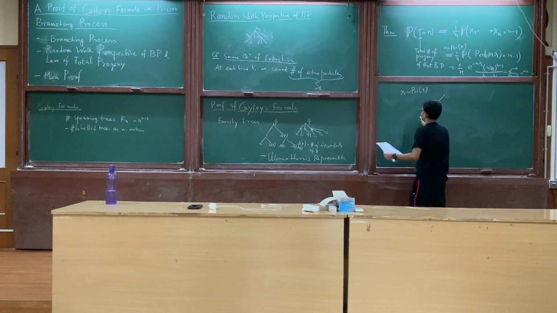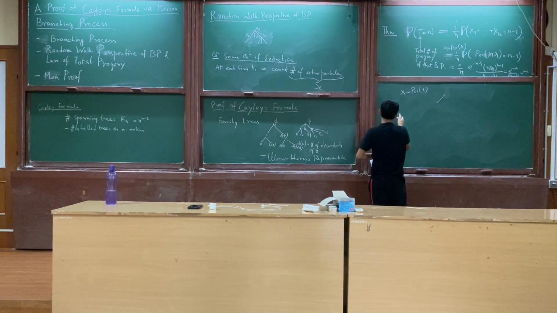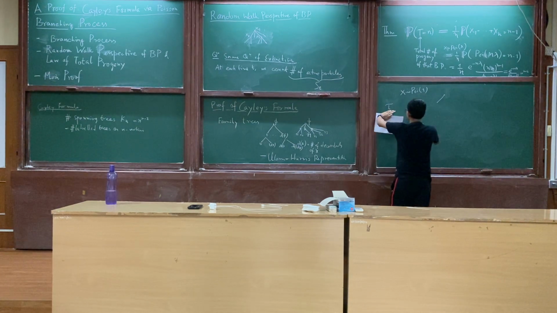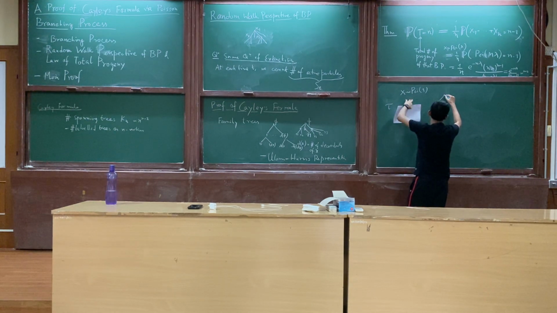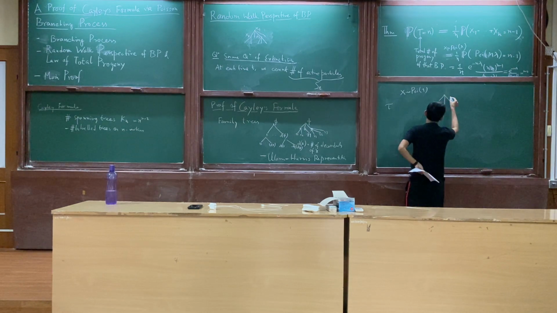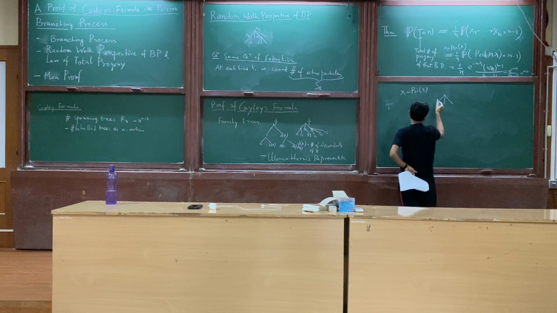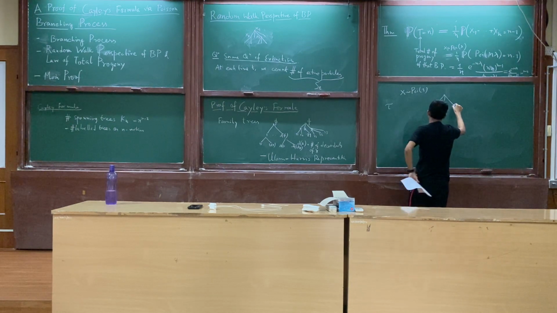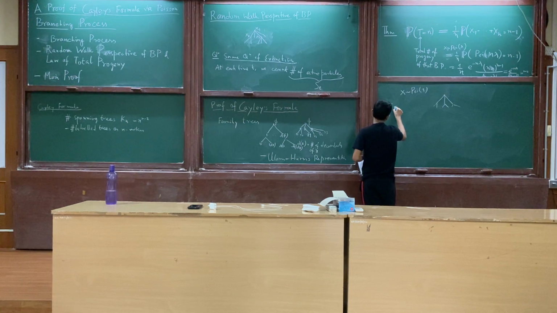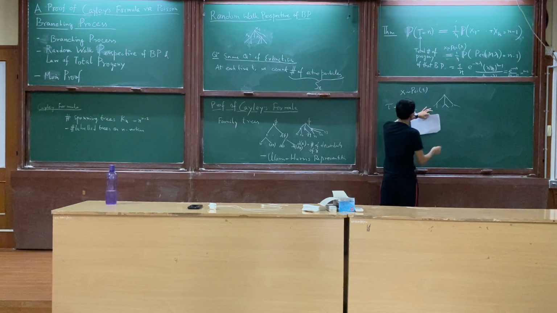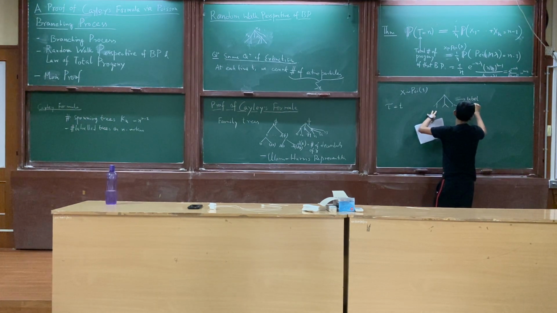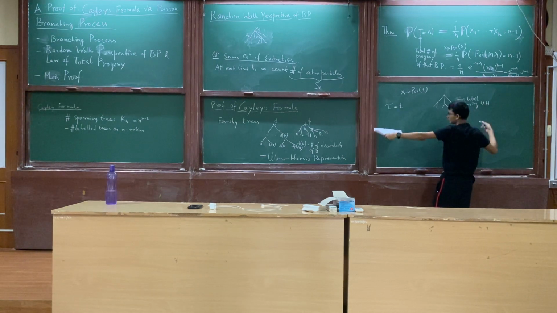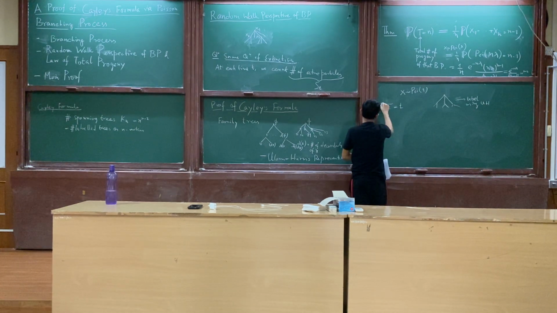Let tau be a random variable on trees generated by this offspring distribution. Then we have a tree generated by this. We label it using the Ulam-Harris labeling, and we try to compute its distribution.